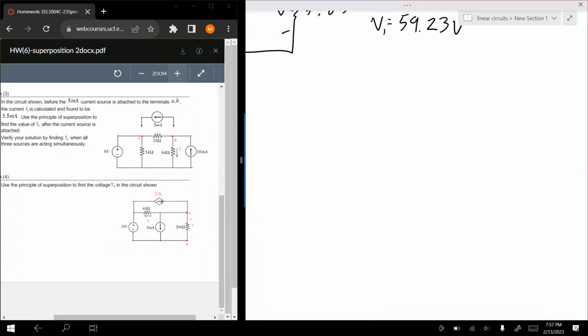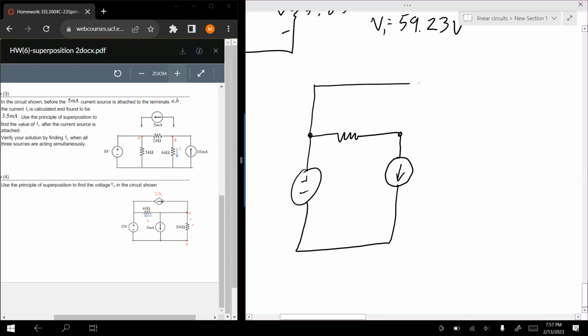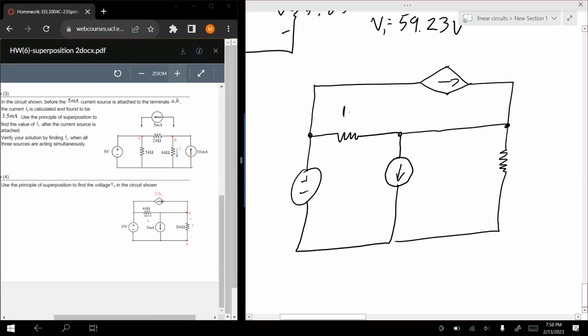So plus minus, 4 kilo ohms, 20 kilo ohms, plus minus V, 5 milliamps, 25 volts, 2.2 I V. Okay.